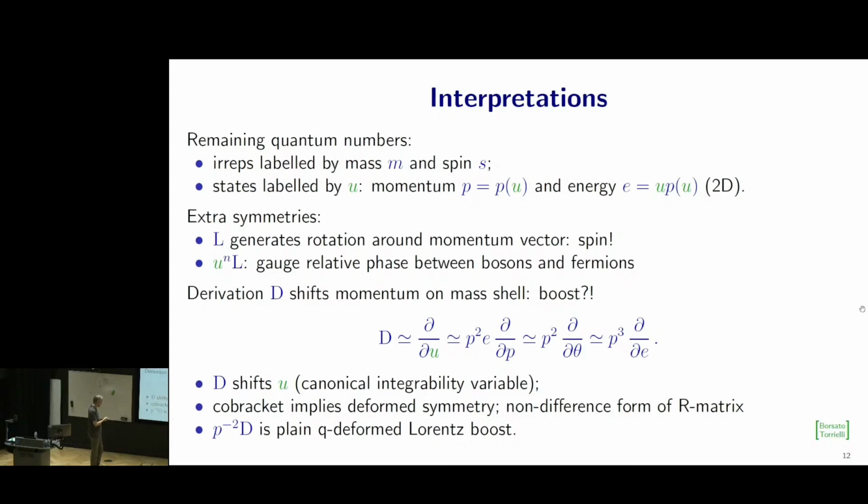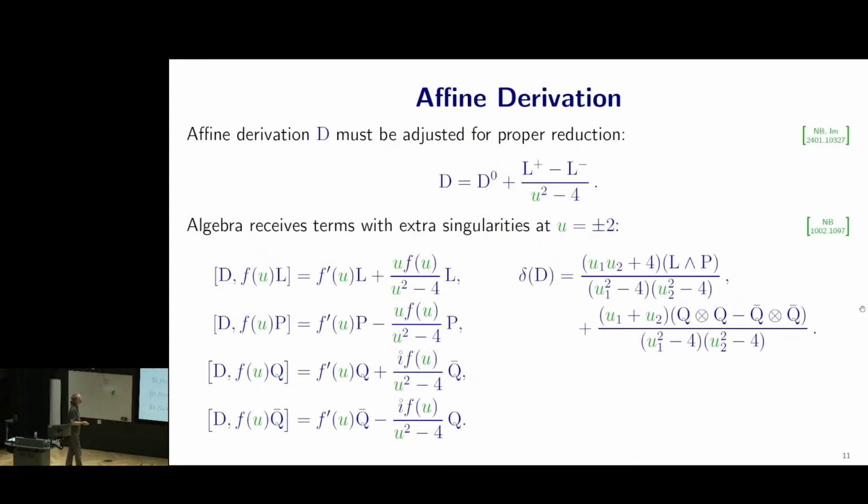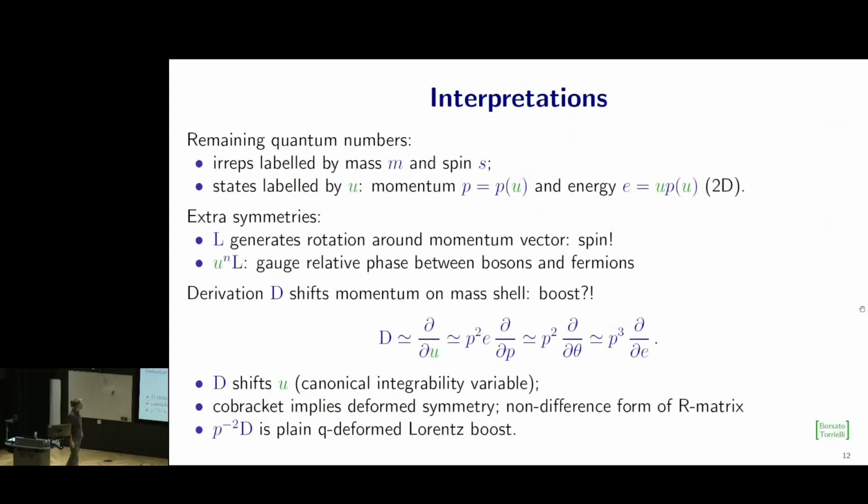What's interesting though is that you do have here a non-trivial co-bracket for D, and that sort of is what's at the heart of the non-difference form of the S matrix or R matrix, because D is like a shift of U. If you shift both U's by the same amount and nothing changes, then it's of a difference form. But here you change the U's, and the co-bracket will be non-trivial, and that just means the S matrix changes under such a transformation. So that is non-difference form.